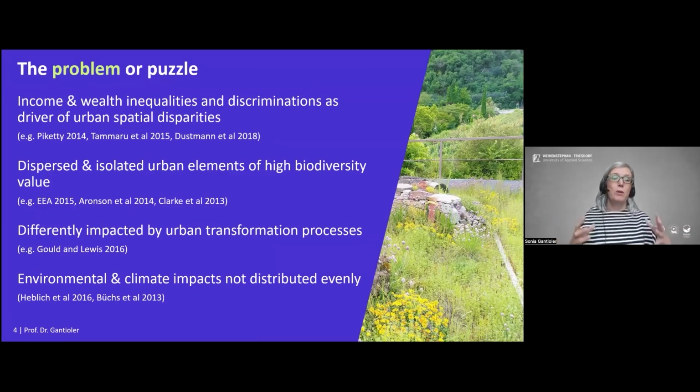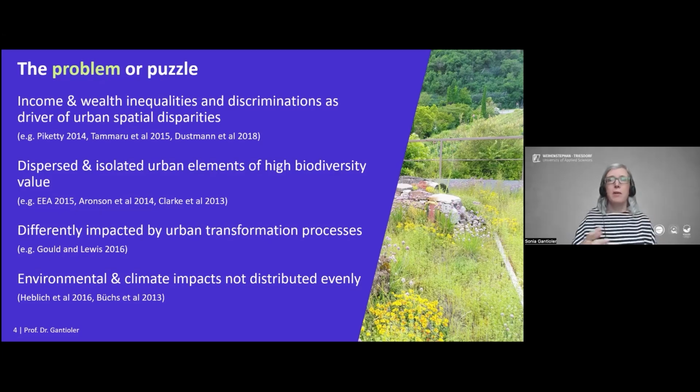But the problem or puzzle that particularly concerns the JUSTNature project, and informed the development of the different outputs and the different thinking and way forward, was especially that cities are affected by increasing income and wealth inequalities, but also discriminations. And of course, these also drive certain urban spatial disparities, as we call them.